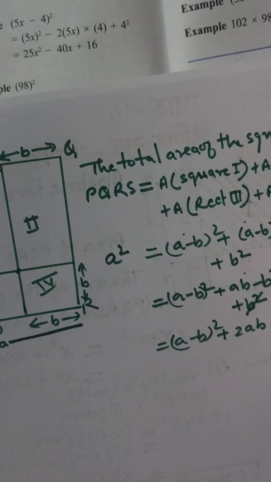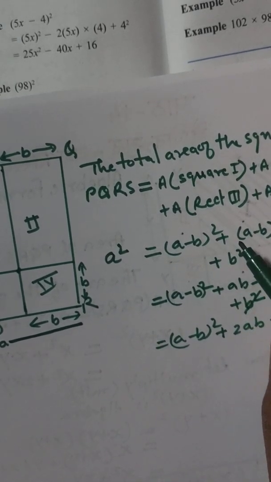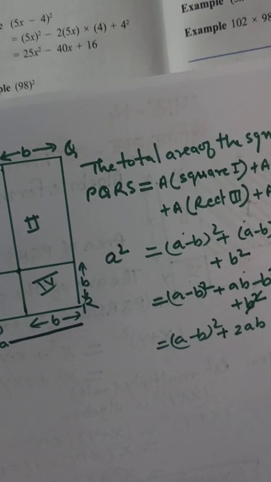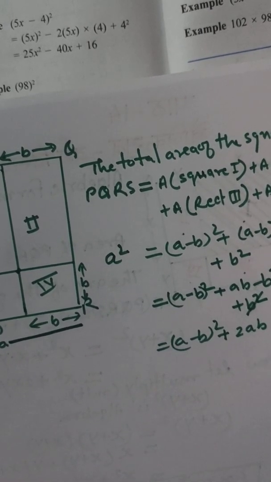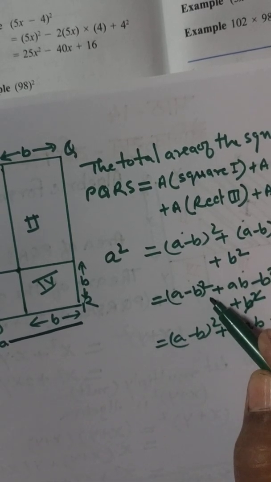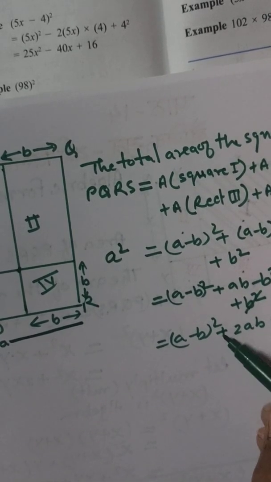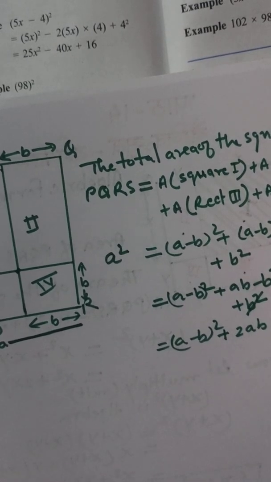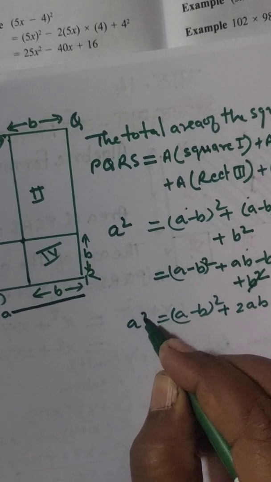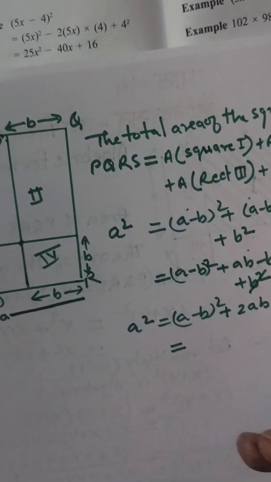Therefore A square is equal to A minus B whole square plus A minus B into B plus A minus B into B plus B square. What it gives? This is A minus B whole square plus twice AB minus B square, and this is A square, then how much?